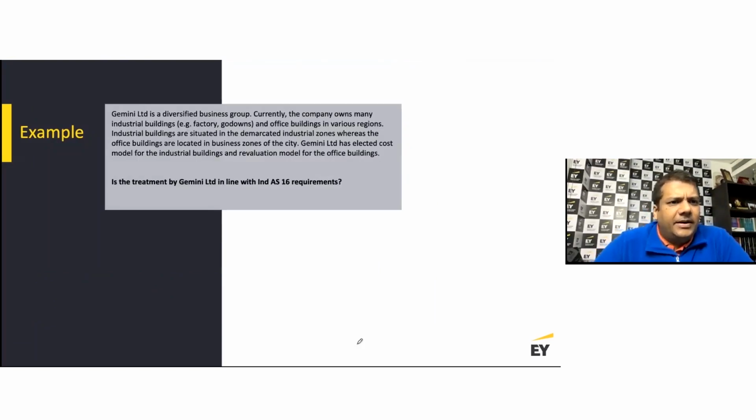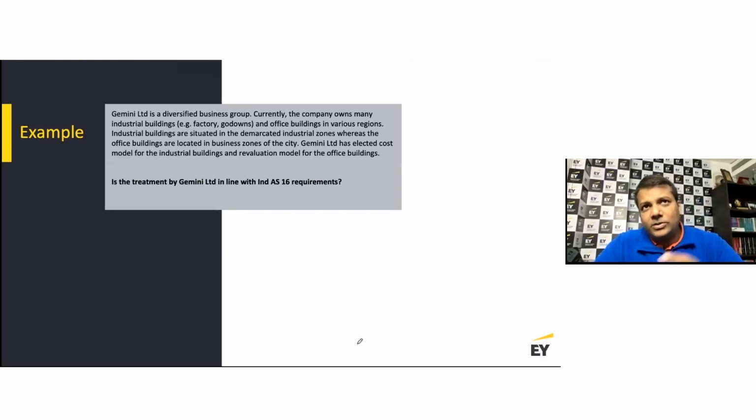So let's do this example. Gemini Limited, and this example is around following different measurement models, like the cost or the revaluation model, for different classes of assets. As we were talking about, it is generally understood that property, land and building, let's say, the land is one class of asset, building, then you have plant and machinery, office furniture, computer equipment, and so on and so forth.